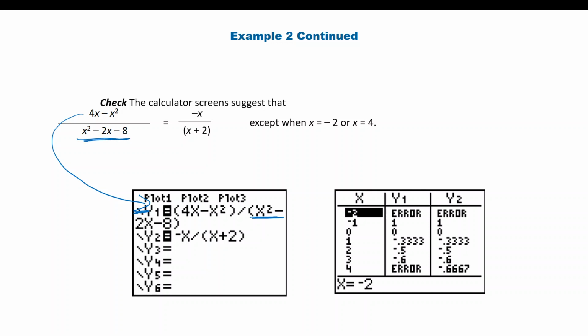And then for y2, we would put in the answer which we found to be this. And when you go to your table and look, you will see when x is negative 2, we get an error. And when x is positive 4, we also get an error. So there are our two errors, so we know that we did it correctly because it's going to show us an error when something is undefined.